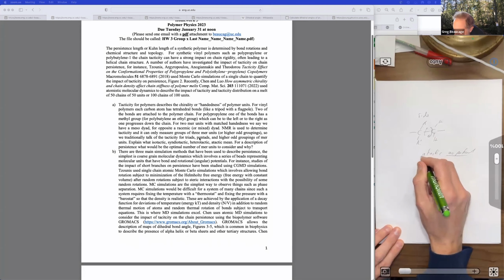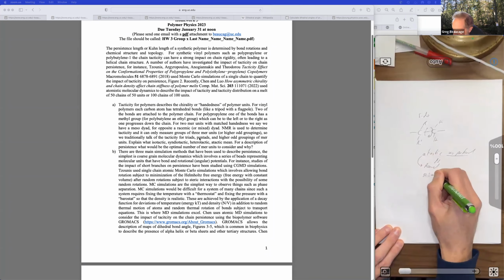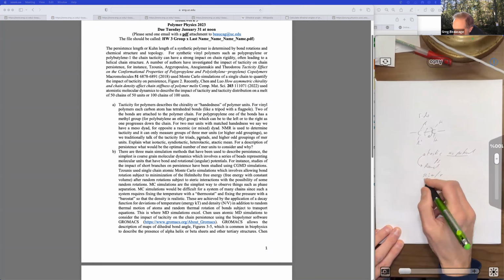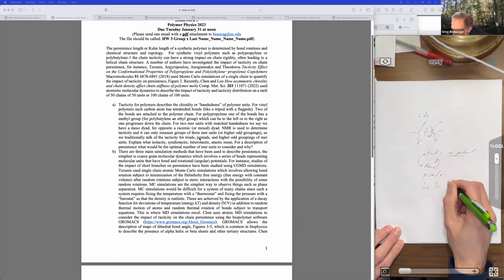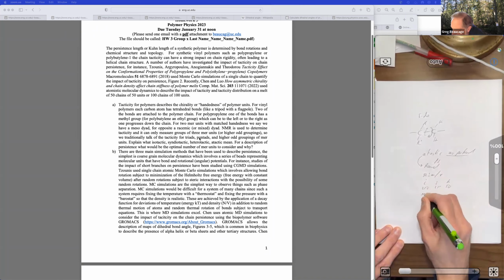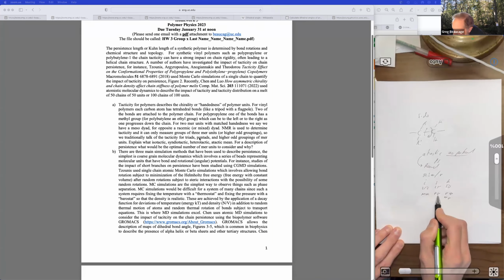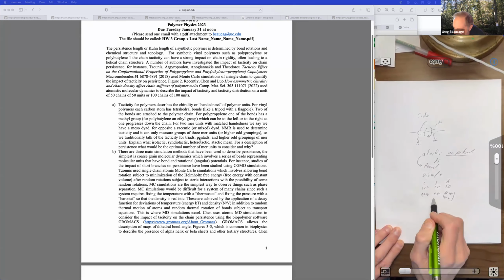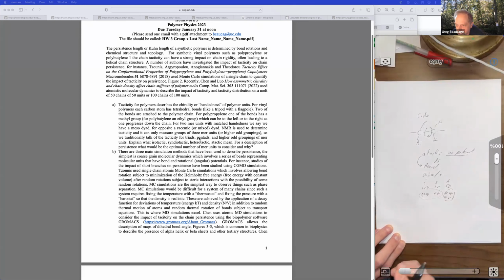If you want to strictly define it, if you say it's random, then you have a statistical thing: 50% meso, racemic. Then the isotactic should be 25%, the syndiotactic should be 25, and the heterotactic should be 50, because these are MM, RR, and RM or MR. In other words, you're flipping a coin. Is it heads, heads? Tails, tails? Heads, tails, or tails, heads? There's twice as many chances to get tails, heads or heads, tails than heads, heads or tails, tails. So these are less likely to happen because there's no order. The order doesn't matter.